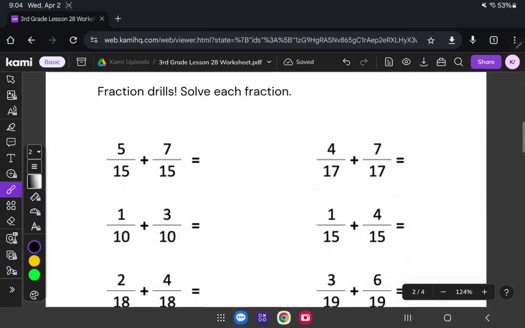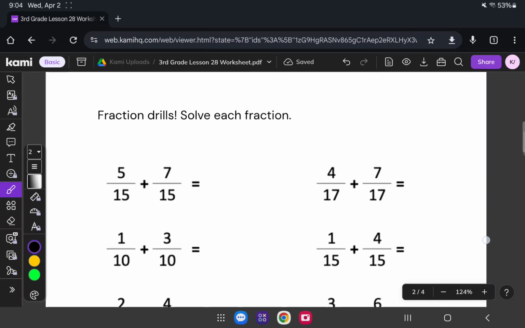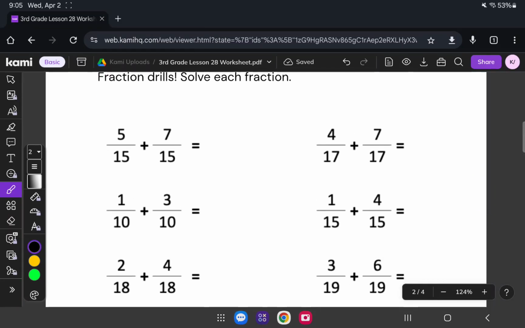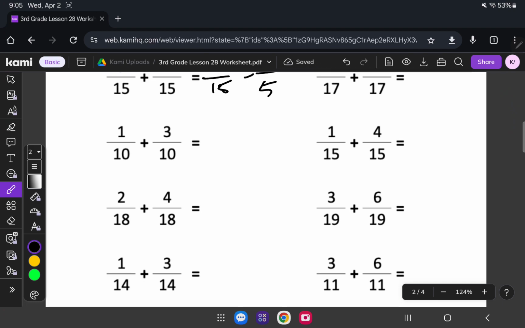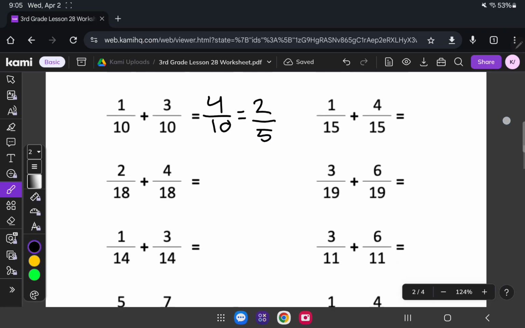All right, now we have to add or subtract these fractions. This would be 12 over 15, which is also simplified to 4/5. This would be 4 over 10, which would also be 2 over 5.